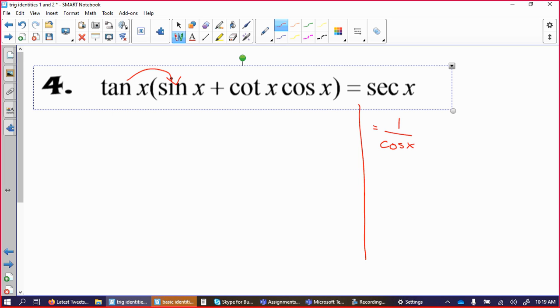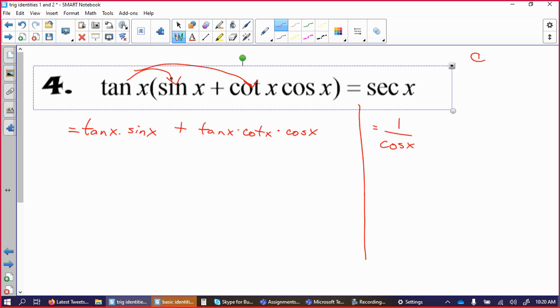But I'm going to multiply this out. Tan of x times sine of x is simply tan x times sine x, plus tan times cosine times cotan times cos. So we have all of that.